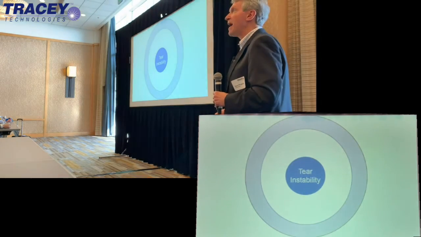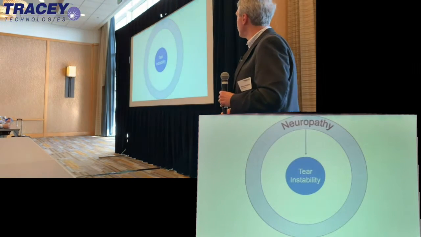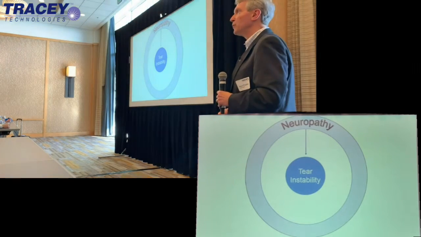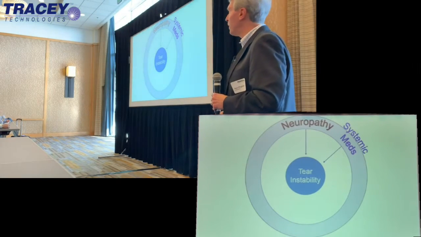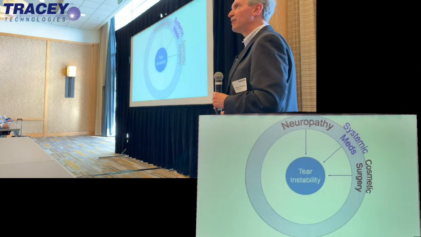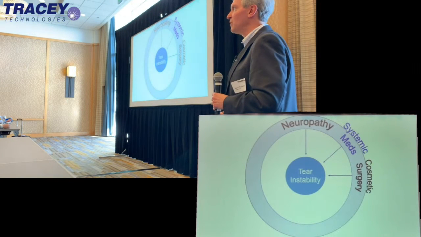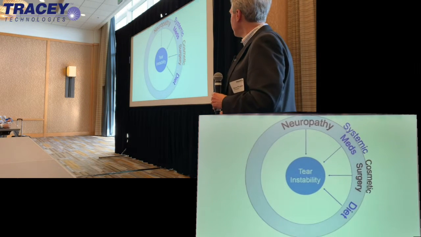Well, there's lots of conditions that all of us deal with on a daily basis that cause tear instability, including altered corneal sensitivity, systemic medications that many of our patients are on, cosmetic surgery with incomplete eyelid closure, and reduced lid tension, which will lead to conjunctival chalasis that I'll talk about in a second.